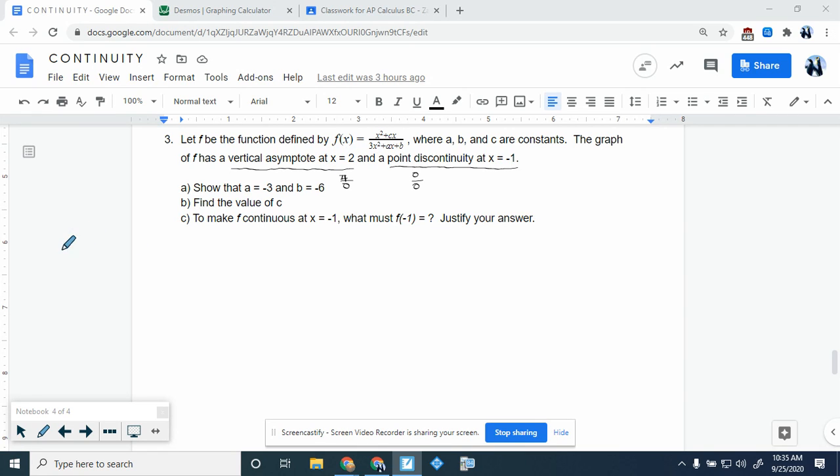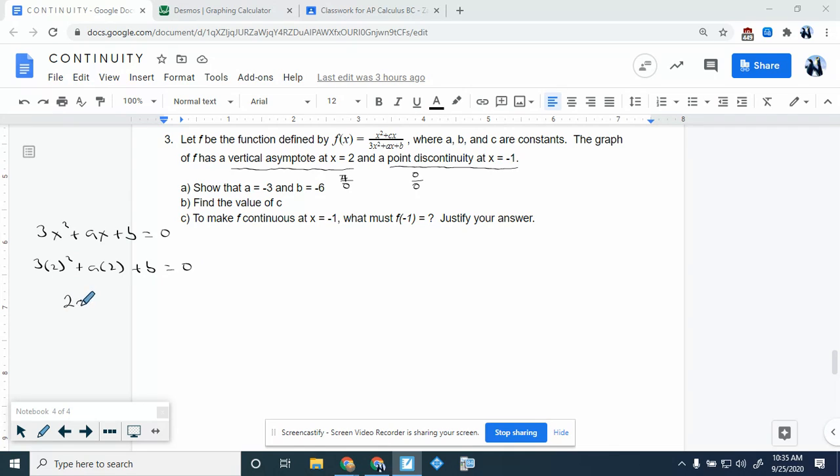So when x is 2, if I have 3x squared plus ax plus b equals 0, well, when x is 2, that's going to equal 0. That's what this says, at this vertical asymptote. So I'm going to do 3 times 2 squared plus a times 2 plus b equals 0. 2 squared is 4, times 3 is 12.